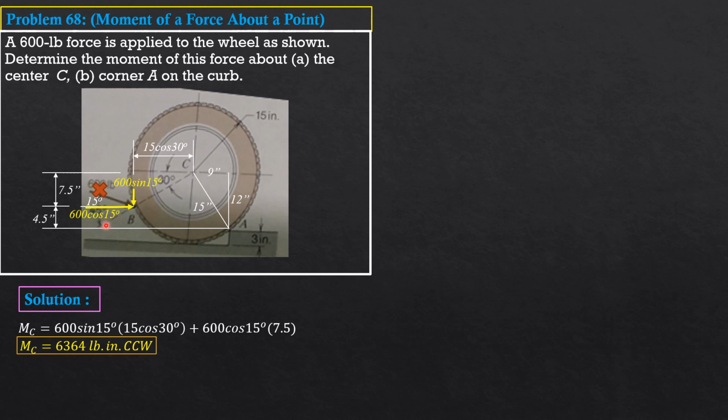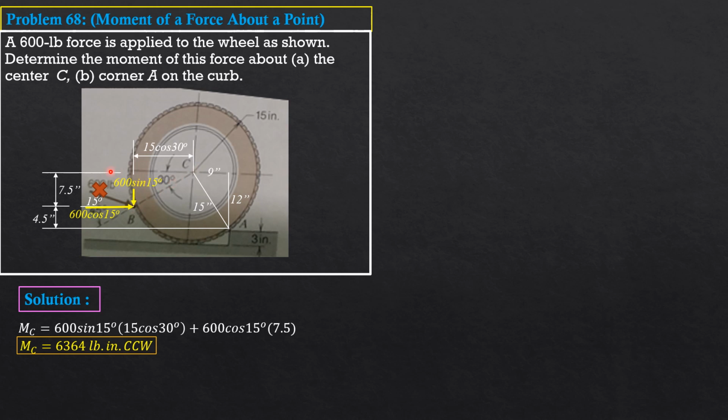Then the direct way is we compute the component of the 600-pound force into radial and tangential components. The radial component passes through C, so it is 0. The other component is the tangential component, which is 600 sine of 45, because this is 45. And the moment arm is 15 inches. So the direct way of computing the moment of the 600-pound force about center C is 600 sine 45 times 15 inches.